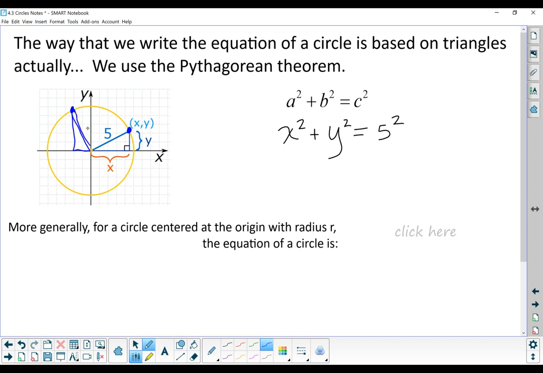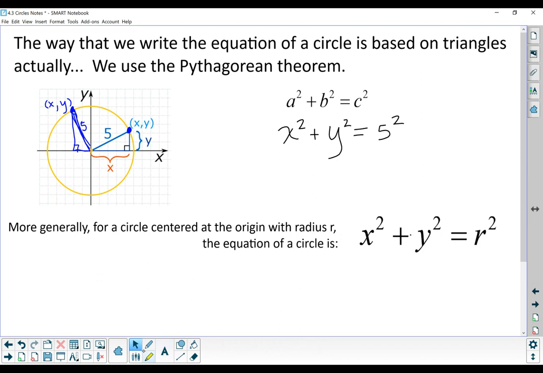And since the hypotenuse of the right triangle is always the same, it's always the radius, that equation will always be true for every point on the edge of the circle, that x squared plus y squared is equal to 5 squared. So our circle equation is going to look exactly like that. It's going to look like x squared plus y squared is equal to the radius squared. Now usually we do actually square out the radius, so this circle's equation would be x squared plus y squared equals 25.